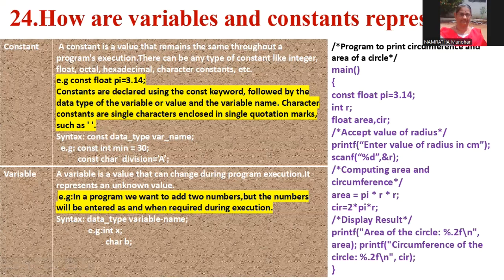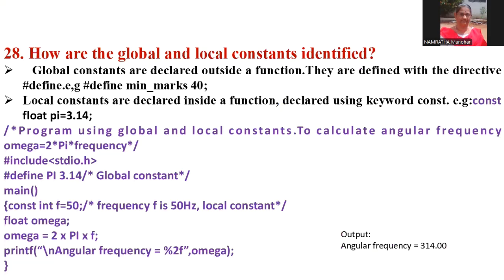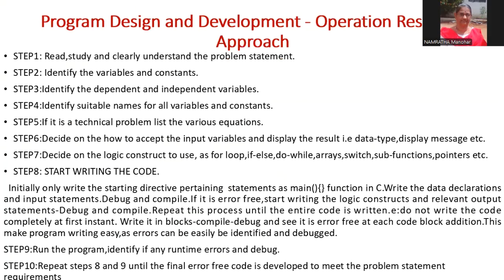You see whether it is totally error-free and executing correctly. In this way, you can develop the code not all at a time, but in stages. It will enable you to develop fast, and also rectify any errors very easily.